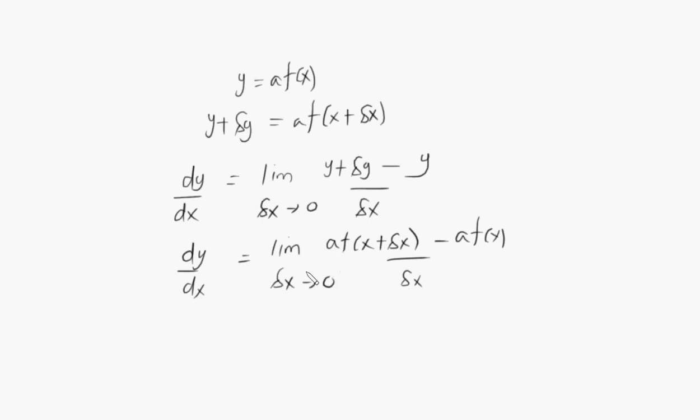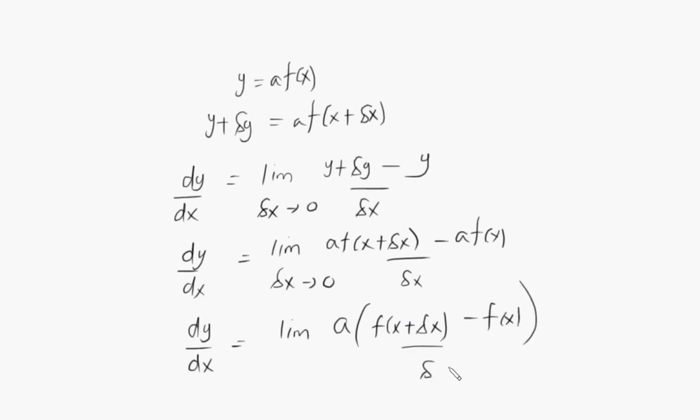So I can factor out a, and what do I remain with? My dy dx now is just a limiting value. A can be factored outside, so it's just f(x plus delta x) minus f(x) over dx as delta x approaches 0.